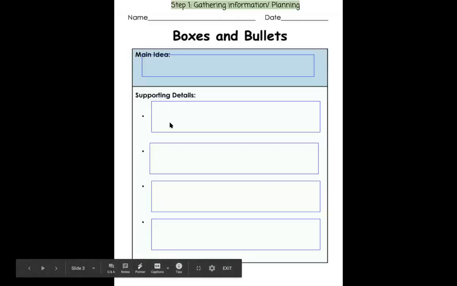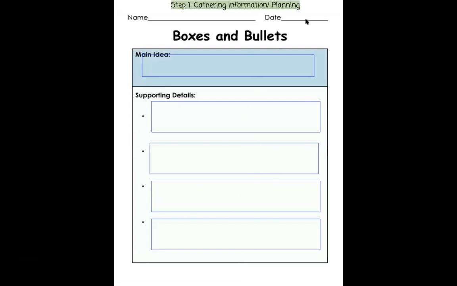So I will actually put that in there for you guys. And when you go to do it yourself, you'll have little icons to help you that'll show you where each one goes. So when we go to create our boxes and bullets, we'll have little icons over here on the left. We have description, explanation, citation, and facts. So you're going to have one of each of these.